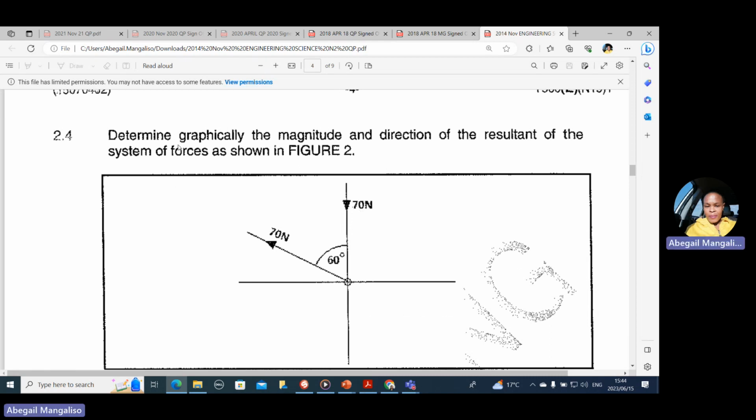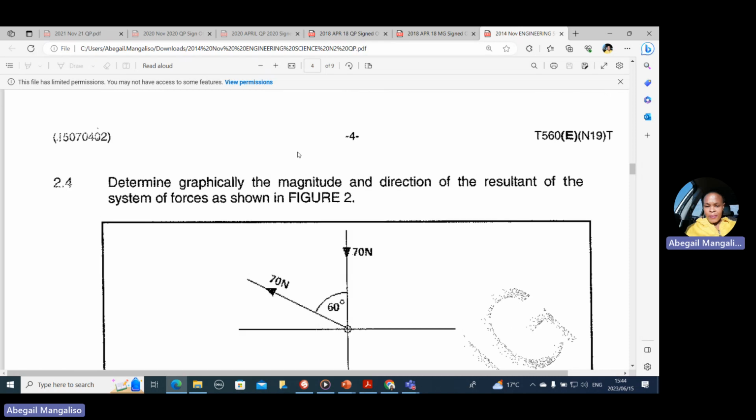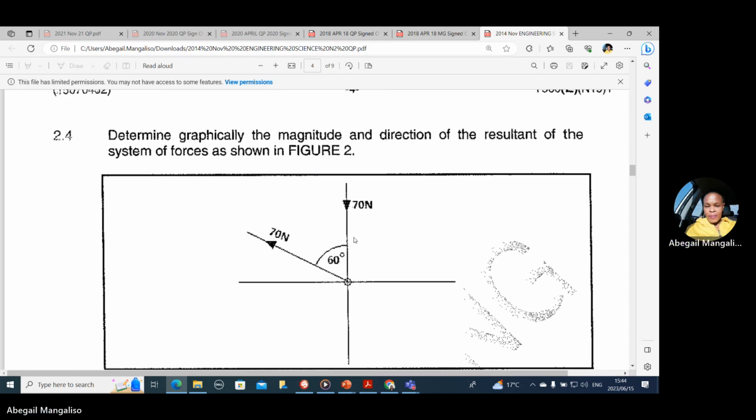The question is: determine graphically the magnitude and direction of the resultant force of the following system of forces. So we are going to use the parallelogram of forces method to determine the resultant of these two forces.